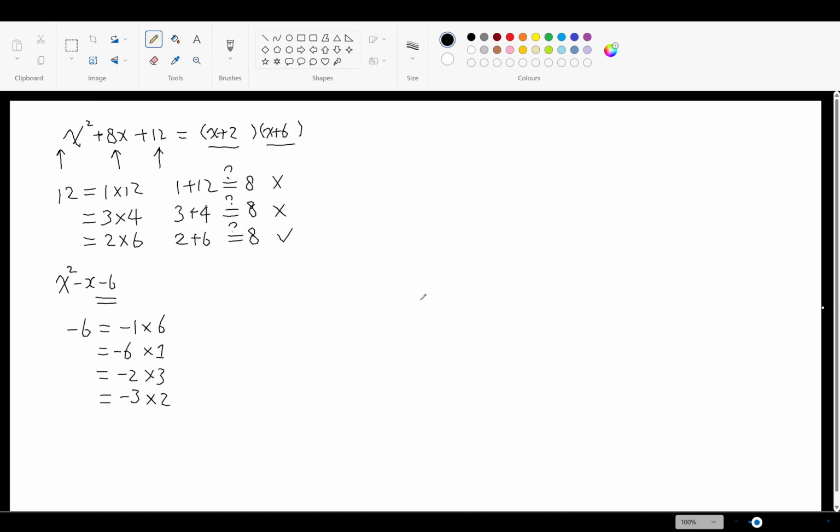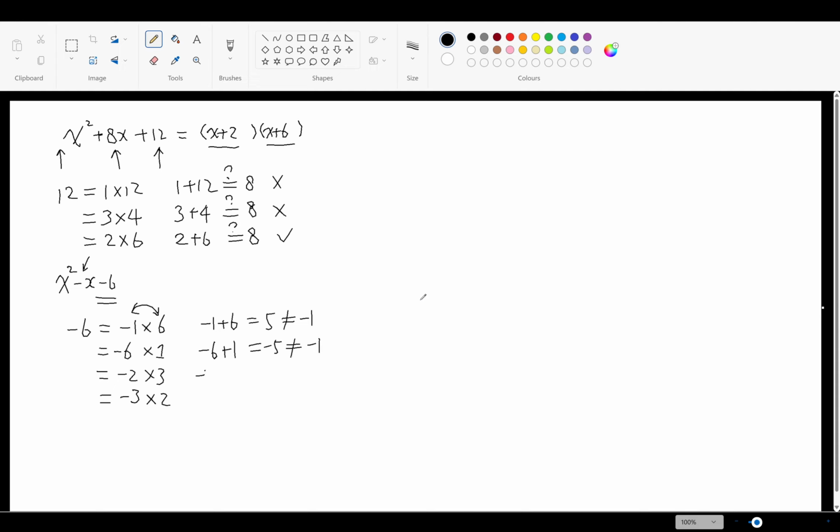You sum these two factors, and you check whether the result is equal to the coefficient of x. Okay, so we have minus 1 plus 6, which is 5. Definitely it's not minus 1. We got minus 6 plus 1, which is minus 5. Doesn't equal minus 1.